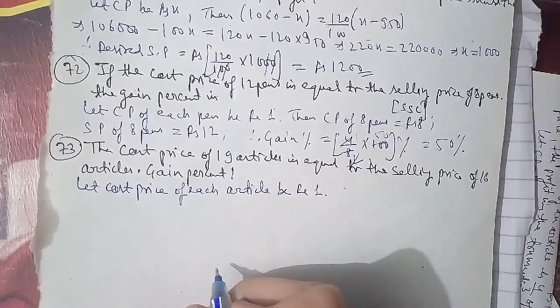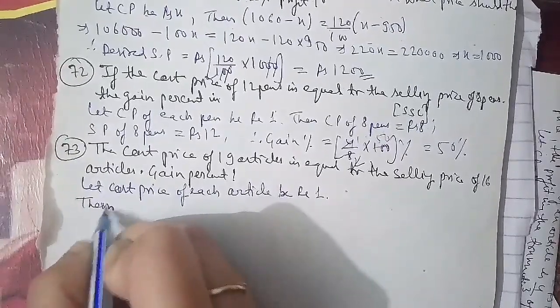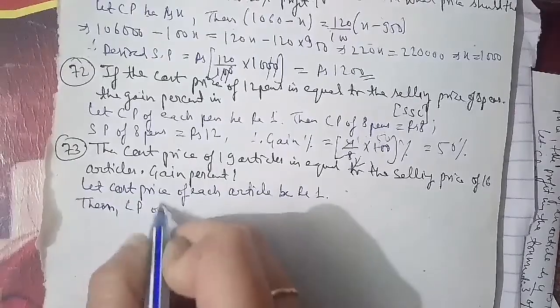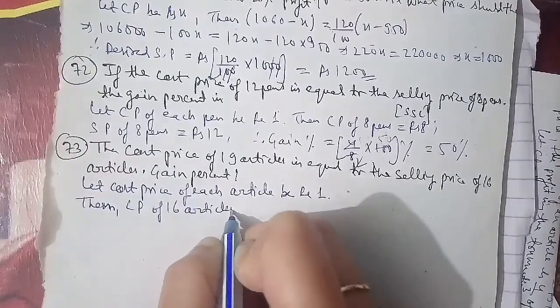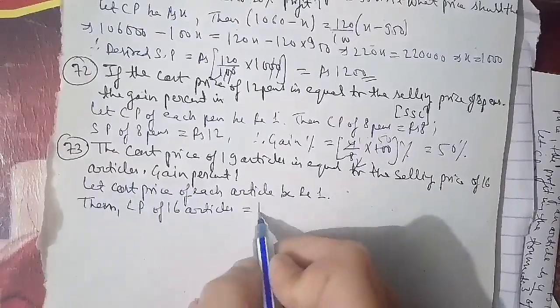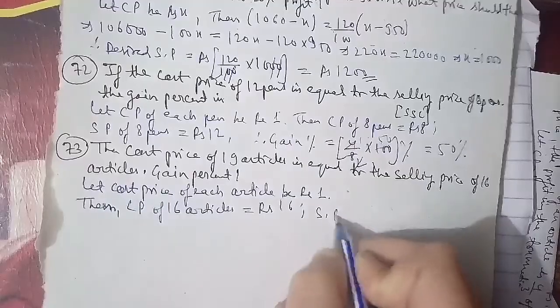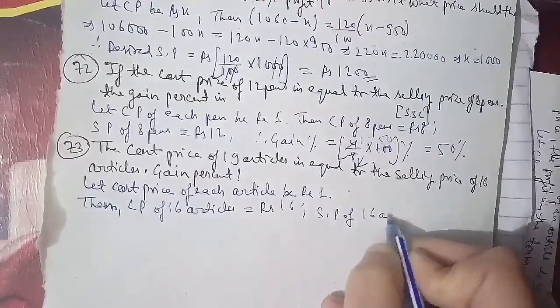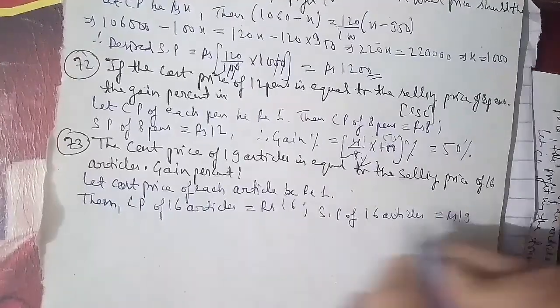Then the cost price of 16 articles equals rupees 16, and the selling price of 16 articles equals rupees 19.